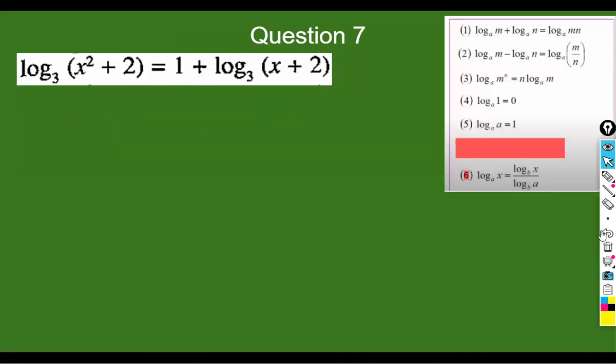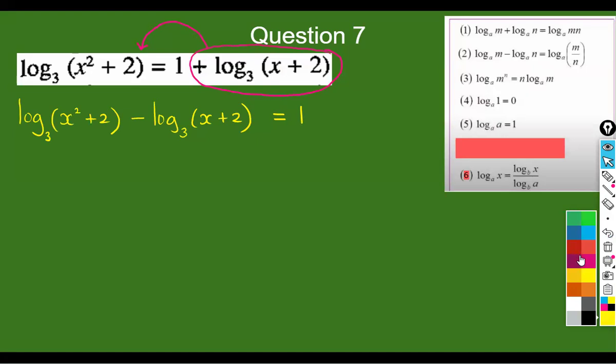Right. Oopsie, that's not one. So what we said here is that, what color should I use? I'll use a blue here. So we're using rule 2. So we have two logs with the same bases and they have a minus sign. So this whole expression here can be simplified to what?